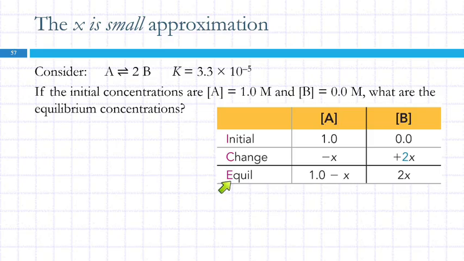So at equilibrium, we add initial and change. This is a review of Tuesday. And we get 1 minus x, and over here we get 2x. And so what we're going to do then is we're going to write the equilibrium constant expression, b squared over a. And we're going to plug these things in.